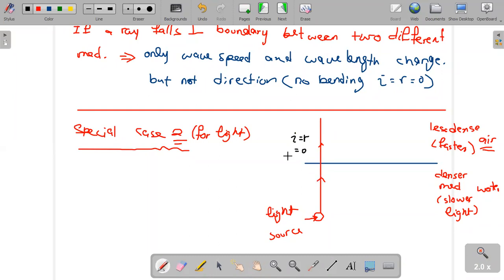Now, if we increase the angle of incidence, what will happen? You have to observe that it goes from slower to faster, so it will bend to where? It will bend away.